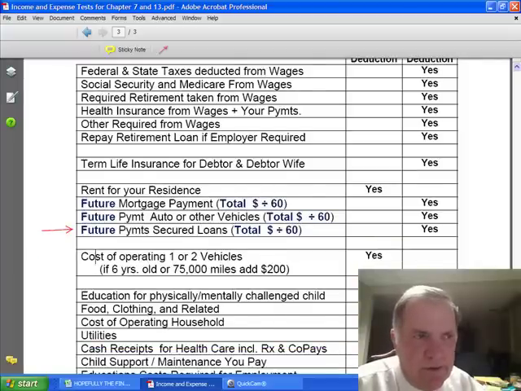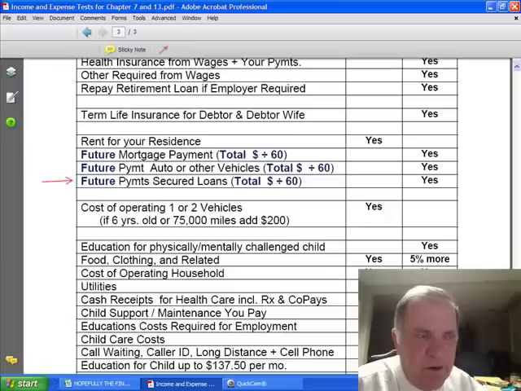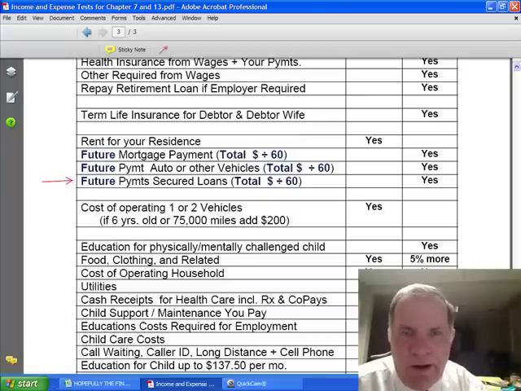On these statutory deductions, on what you get to include, they have a standard category for what it costs to operate a vehicle. If your vehicle is 6 years old or has 75 or more thousand miles on it, then on top of whatever the standard deduction is, we get to add $200 per month because of the age and mileage of the car.